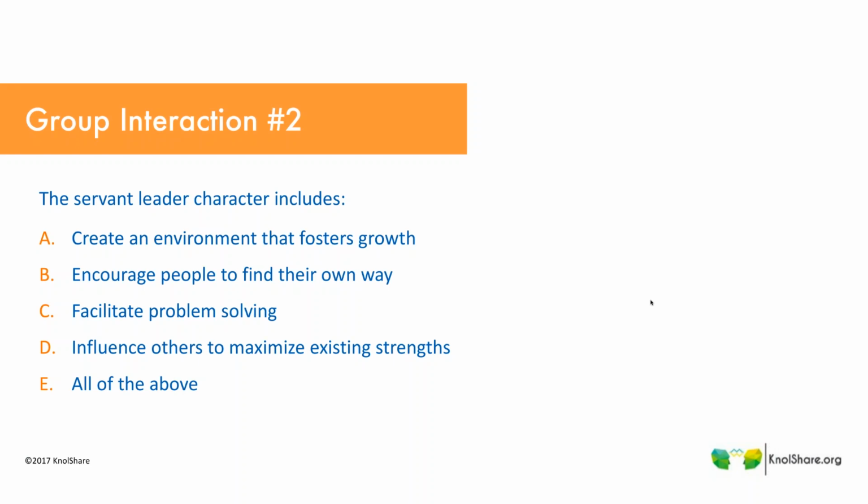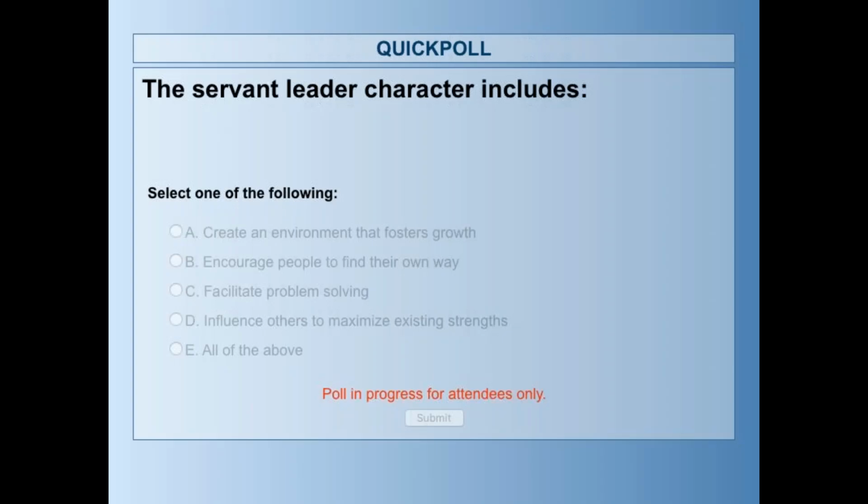D, influence others to maximize existing strengths. Or E, all of the above. Now, while you guys ponder the answers to that question, Dan, what have you observed in teams, or when have you observed teams or individuals being exposed during an engagement?